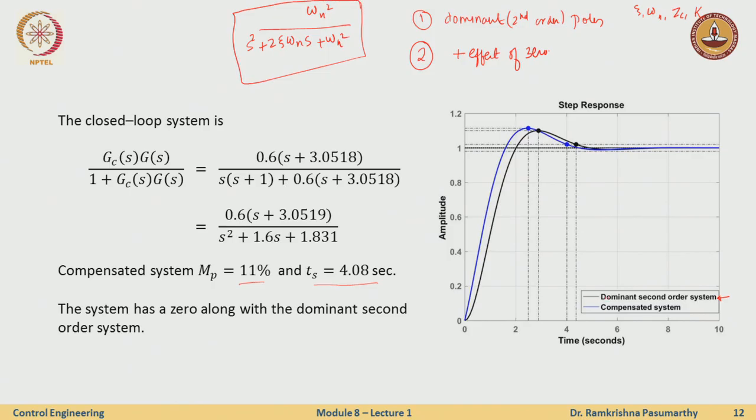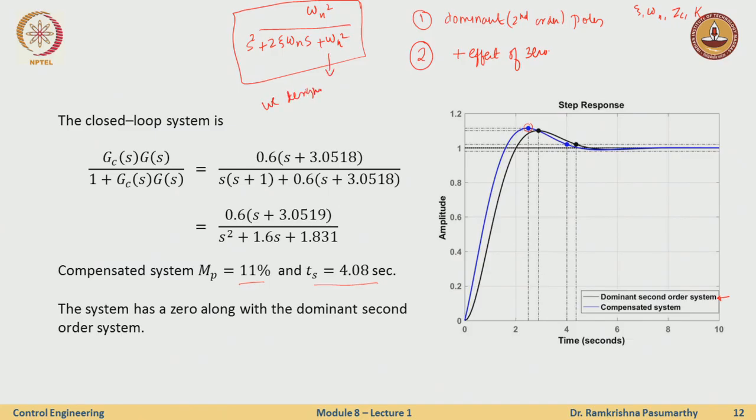This is how I would want it to look, the black line. However, the compensated system has a 0 at 3.05 and so on. So the compensated system has the response which is like the blue line, and therefore you see there is a slight increase in overshoot than what I actually wanted. So what I designed is for this.